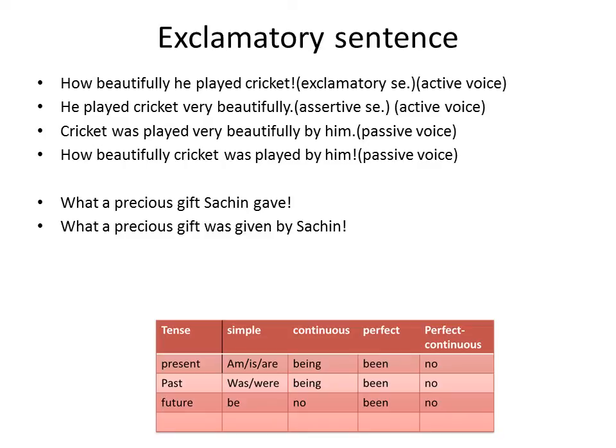So, Sachin gave a very precious gift. It will be the assertive sentence. Then the passive voice will be: a very precious gift was given by Sachin. So again we have to transfer this sentence into exclamatory form like that: what a precious gift was given by Sachin.